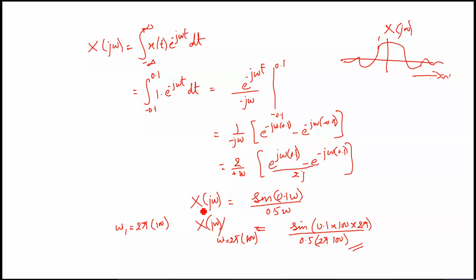So X(jω) at ω equal to 2π100 is going to give you the value of this thing. And similarly, we can find the value at minus 2π100, which will be the same thing with ω equal to minus 2π.